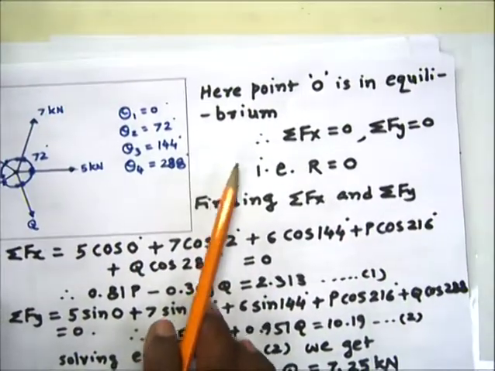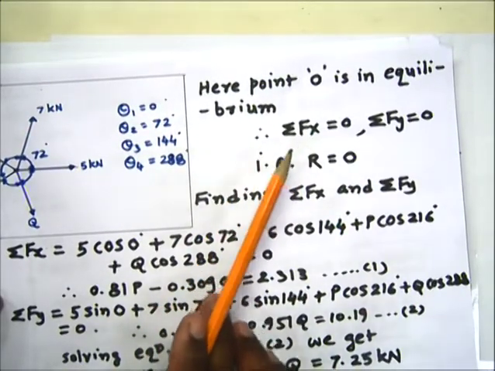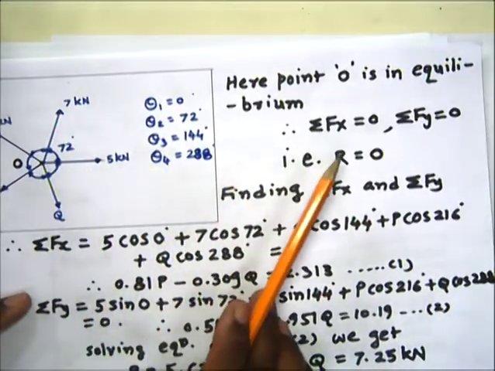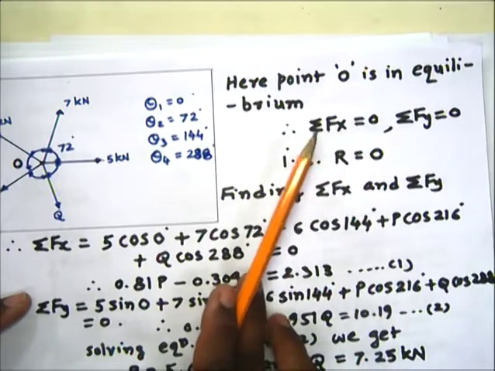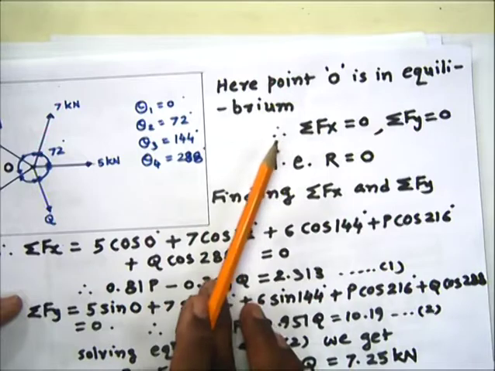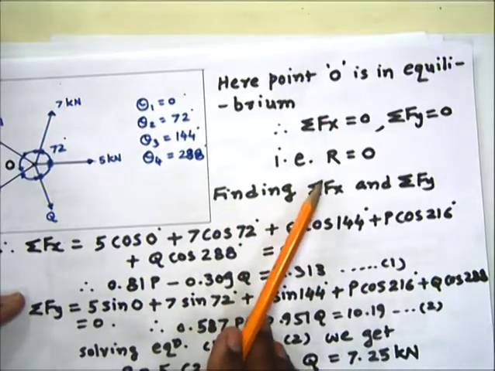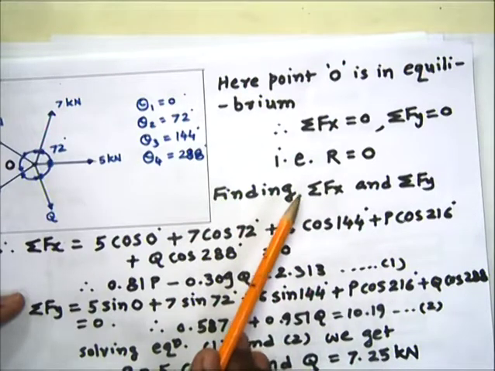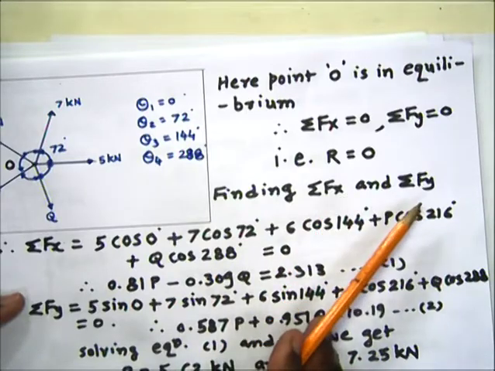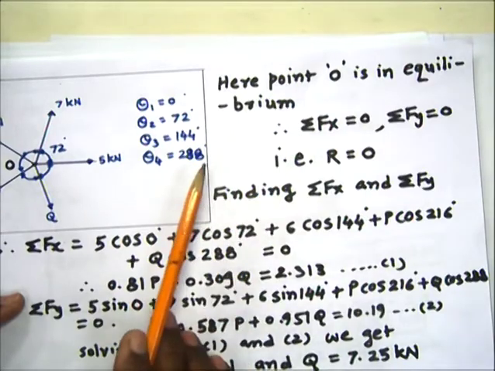Now solving this problem, point O is in equilibrium, so the sum of all these forces along x must be 0. So sigma Fx is equal to 0 and sigma Fy is equal to 0, because the system is in equilibrium, meaning the resultant of the forces is 0. First we will find sigma Fx and sigma Fy, and then by equating them with 0 we will get the unknown forces.